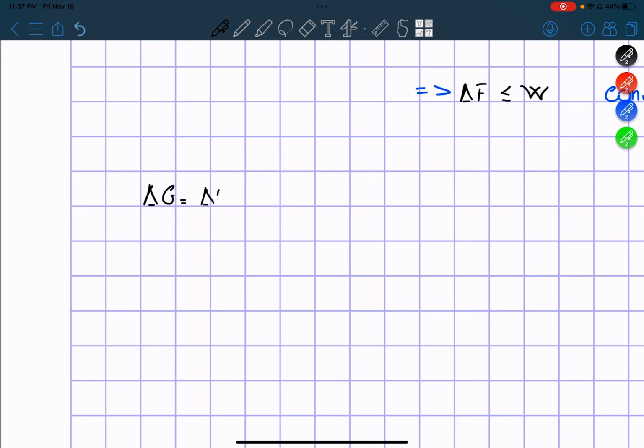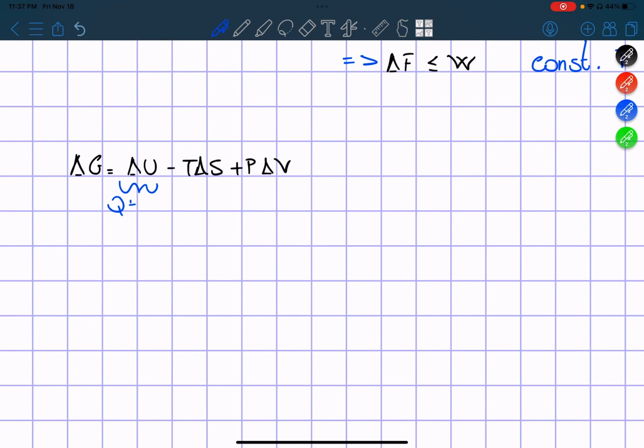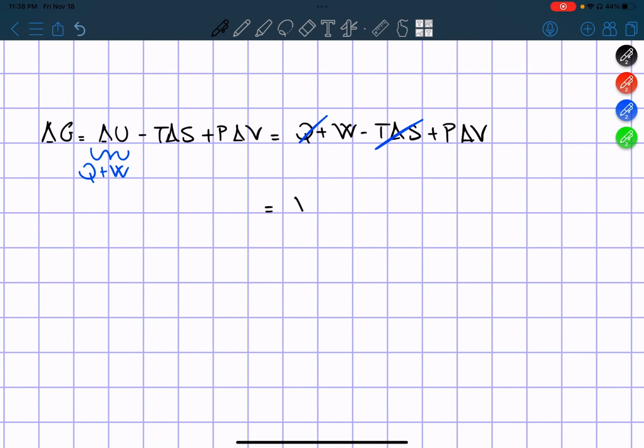So we would have delta U plus P delta V minus T delta S. We can substitute again our delta U because we said it's equal to Q plus W. So it's equal to Q plus W minus T delta S plus P delta V. Now again, we can cancel out Q minus T delta S, and we're left with W plus P delta V.